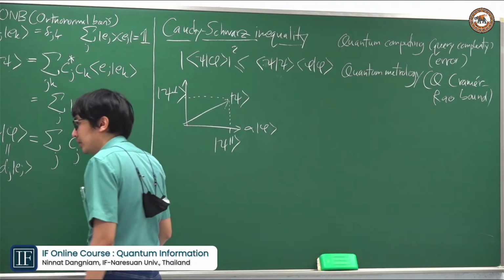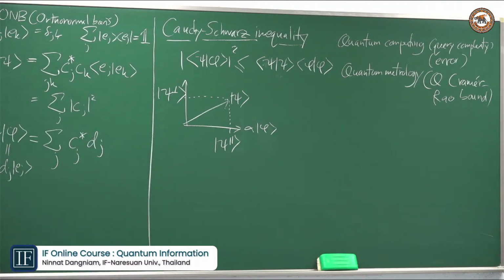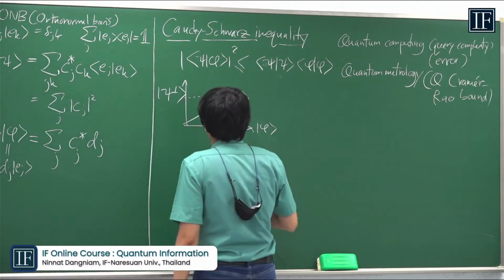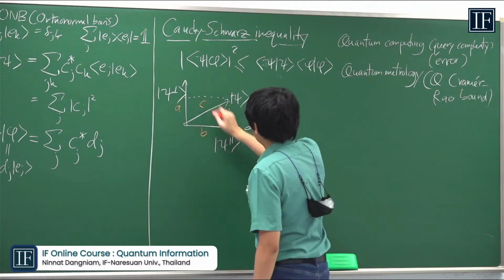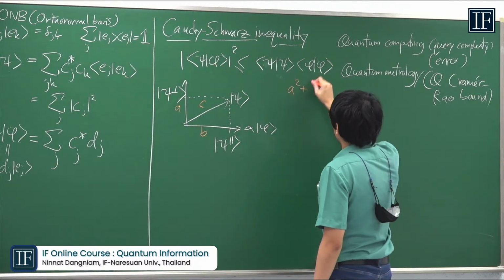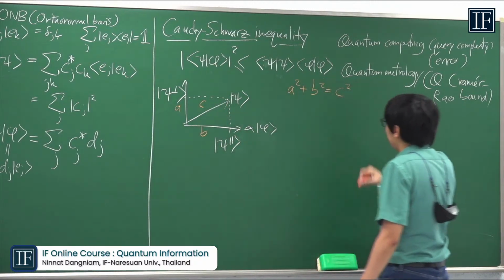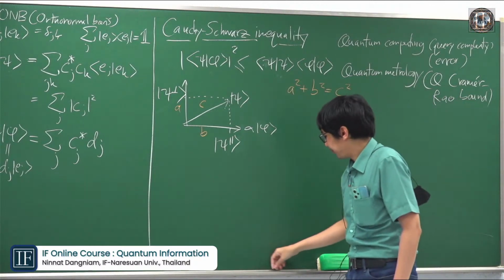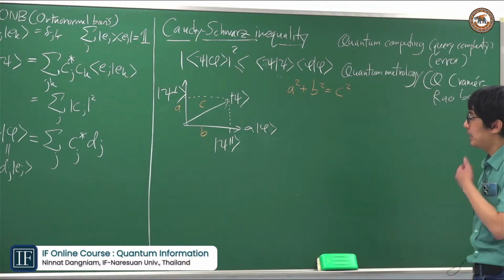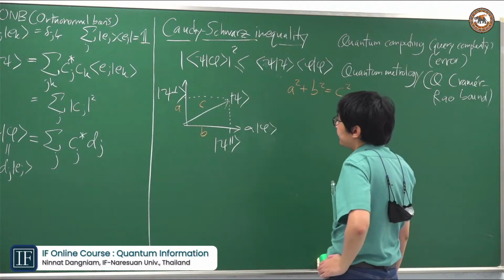And I'm going to do, let's say this is A, this is B, this is C. So of course the Pythagorean theorem says that this is true, and then we now spell it out.